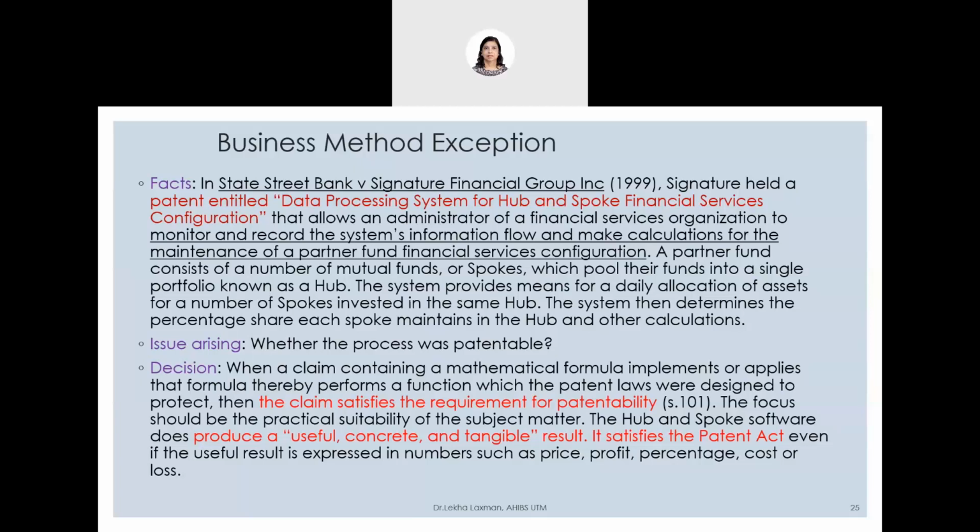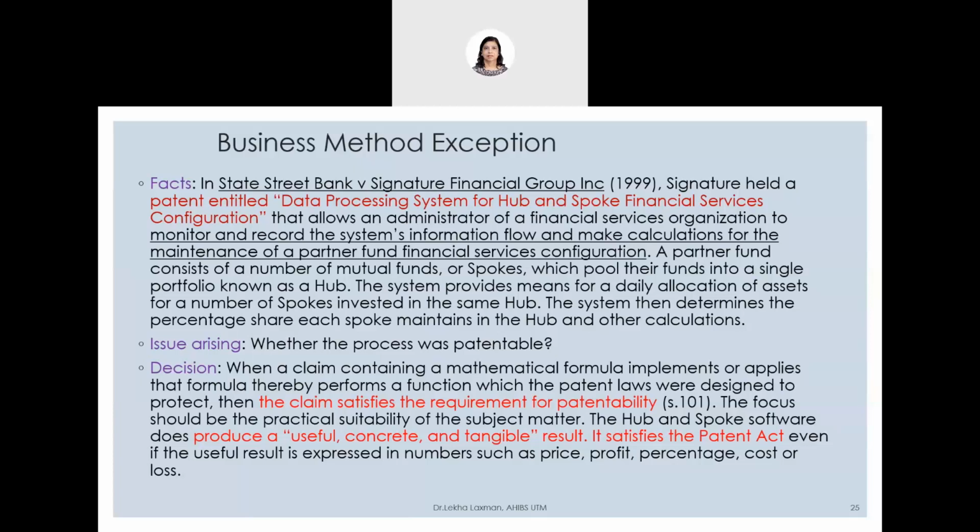And normally this particular system will determine the percentage share each spoke has in the hub, right? So there's a calculation in terms of how much is going to go from each spoke, and that is maintained in the hub, so it involves some form of calculations. So it's basically a financial system which calculates where all the different assets are invested, and then it gets put in the hub, which is the center, right?